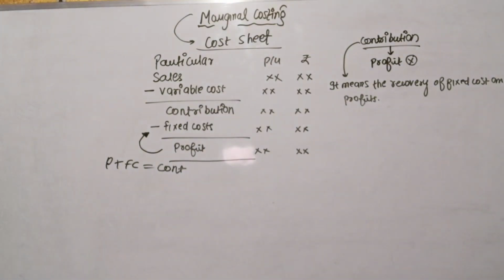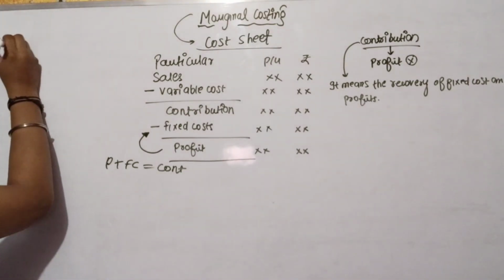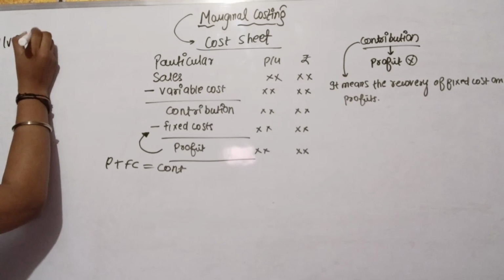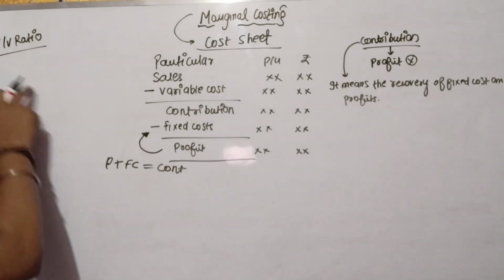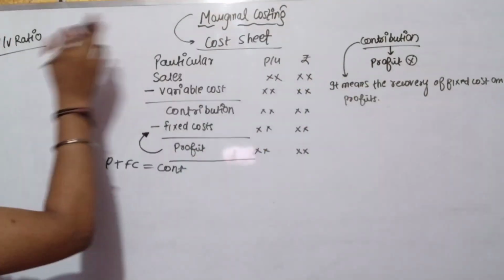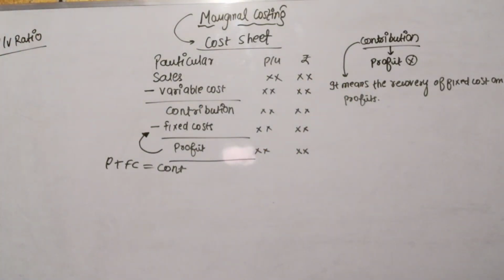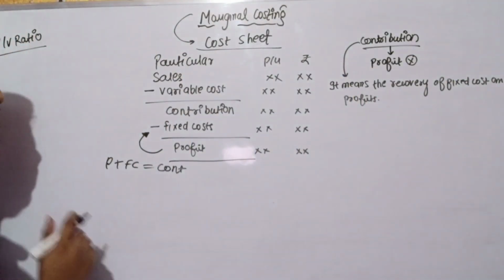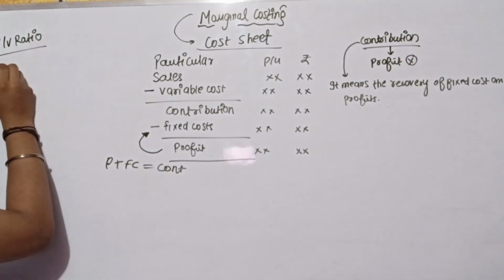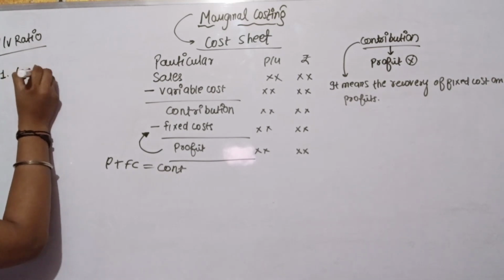The very first element of CVP analysis is PV ratio. Before learning PV ratio, we must understand contribution, because contribution is one of the parts of PV ratio. Now, contribution means the recovery of fixed cost and profits. We have also made some formulas for contribution calculation.